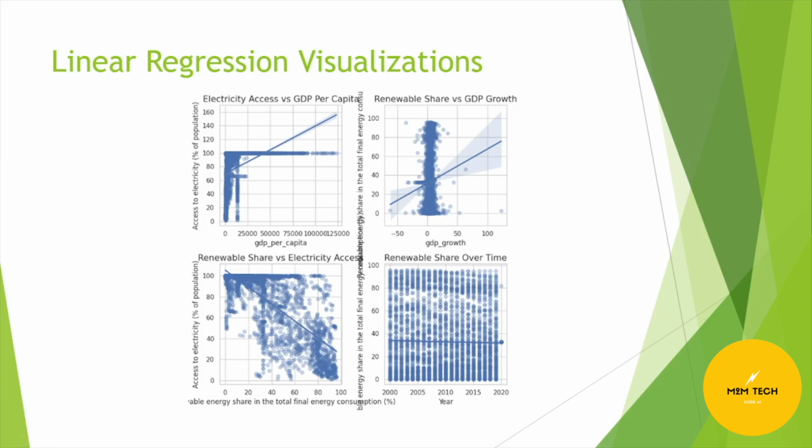So the next little piece of modeling that I did was some linear regression visualizations, and what was noted in these is that most countries have access to electricity regardless of their GDP, and that's this one in the top left corner.